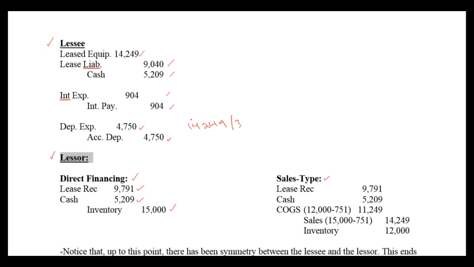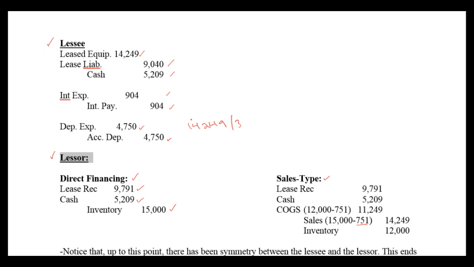Let's follow it through. If it's a sales type lease on the lessor's behalf, they need to pick up, first of all, the sale. The sale is going to be for $15,000 minus the present value of the unguaranteed residual value.